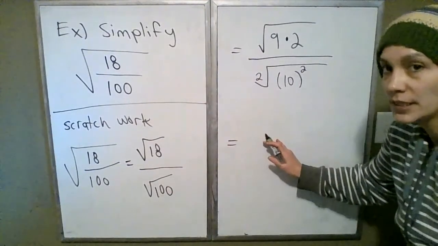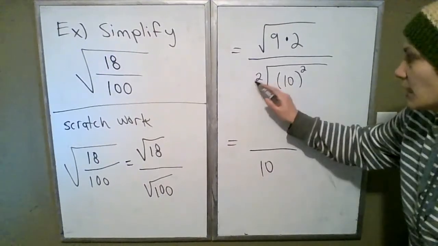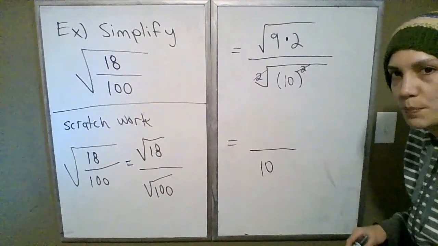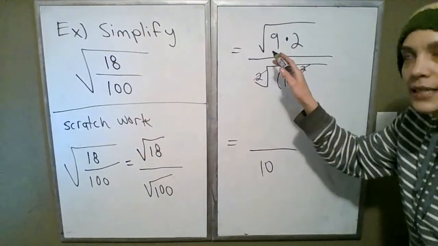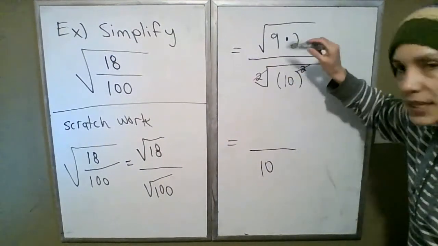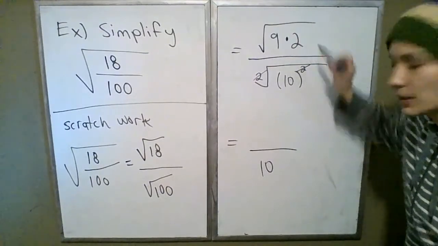Okay, so what's in the denominator is 10. Root matches the power and leaves 10. In the numerator, we're going to use the multiplication rule for the radicals: the root of 9 times the root of 2.